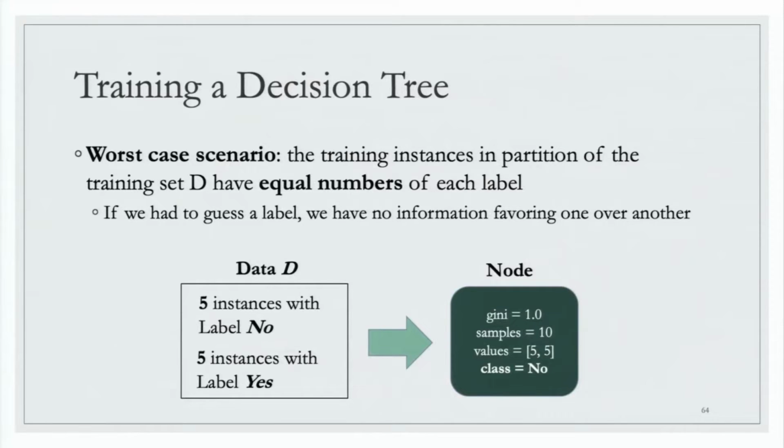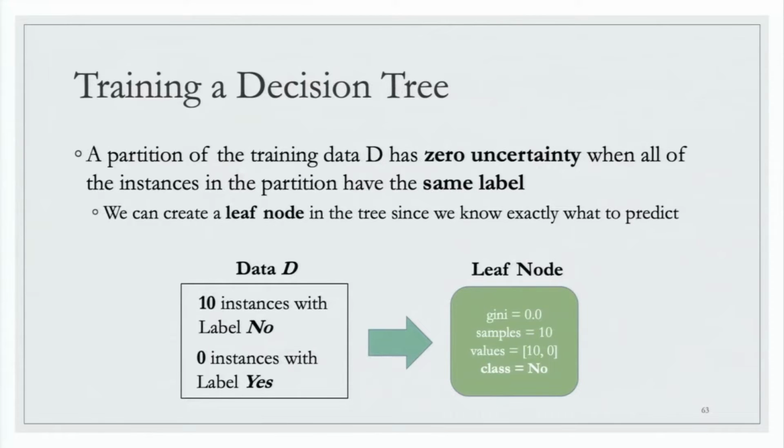The other way we use a threshold is we don't necessarily make a leaf only when all of the instances have one label. Say that we had like 10 here and 1 here. That might be good enough. We might be certain enough that we can just stop here. Because otherwise we get to that idea of overfitting, where if we're always trying to make the data set smaller and smaller until all of the instances have the same label, then I'm going to run into lots of cases where there's only one instance in here.